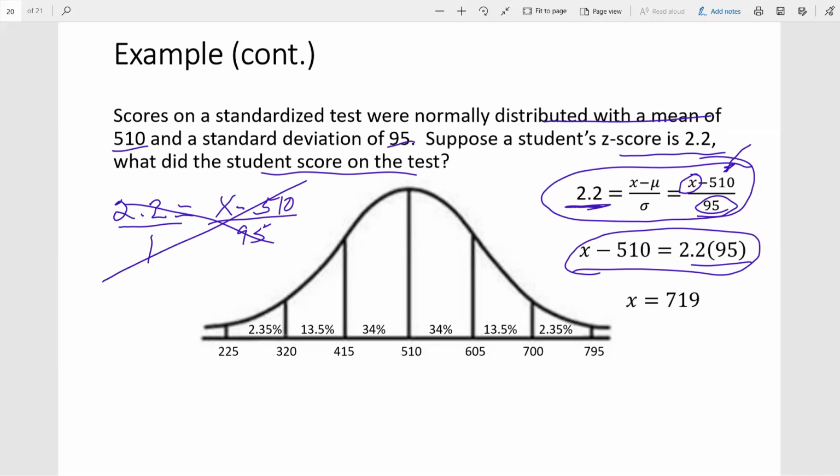And so x is going to be 2.2 times 95 plus 510, which is equal to 719. So this student is about right here. And you can see he's way up there in the top tier of the population.